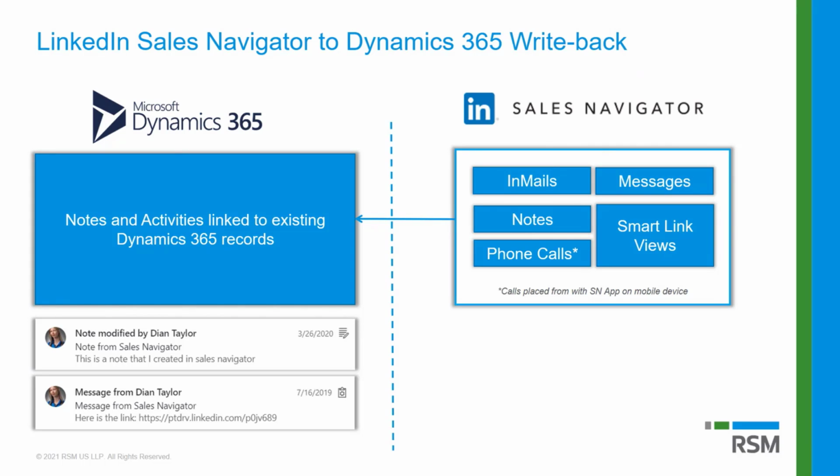Now let's talk about the LinkedIn Sales Navigator to Dynamics 365 write back. Now we all know that we have the ability to send emails and messages from Sales Navigator to contacts in LinkedIn. Now, through this integration, you can perform these actions, obviously from LinkedIn Sales Navigator, but you can also do that from within Dynamics 365.